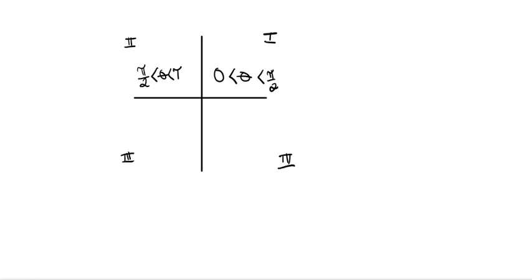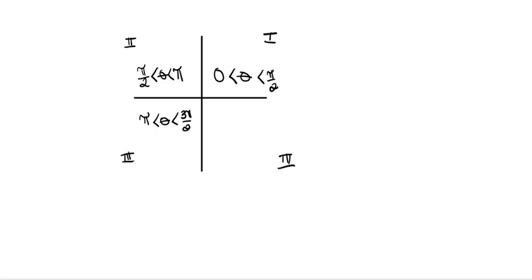All right. The angles that lie in quadrant 3 go from pi, which is on the negative x-axis, to 3 pi over 2, and not including it because 3 pi over 2 is the y-axis in the negative direction.